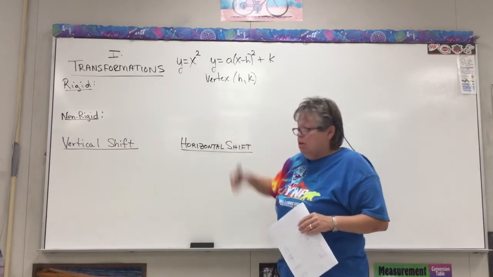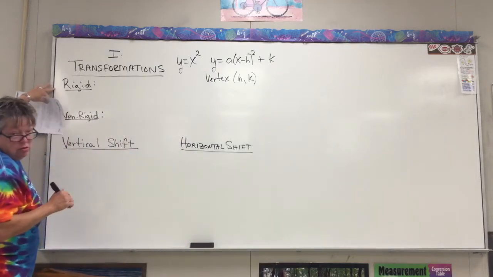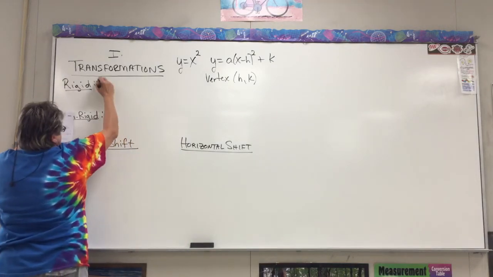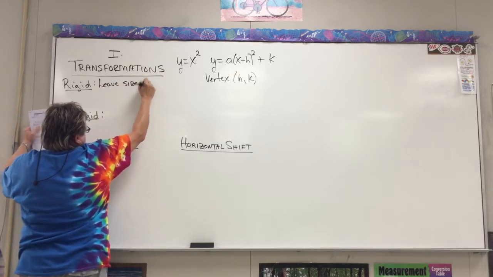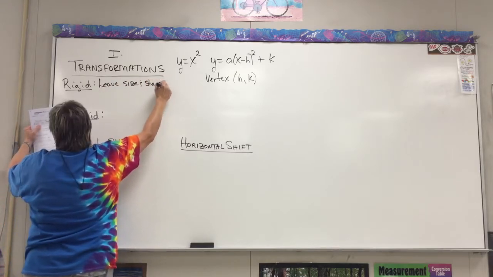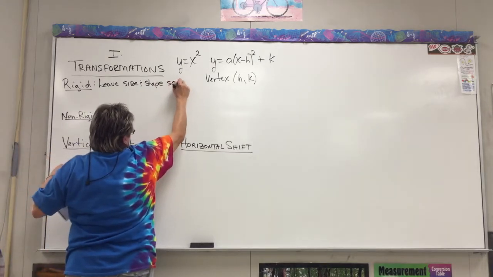Okay? So in our world of transformations, a couple of types. It could be a rigid transformation, and that means that you're going to leave the size and the shape unchanged. It's going to be the same size and shape.